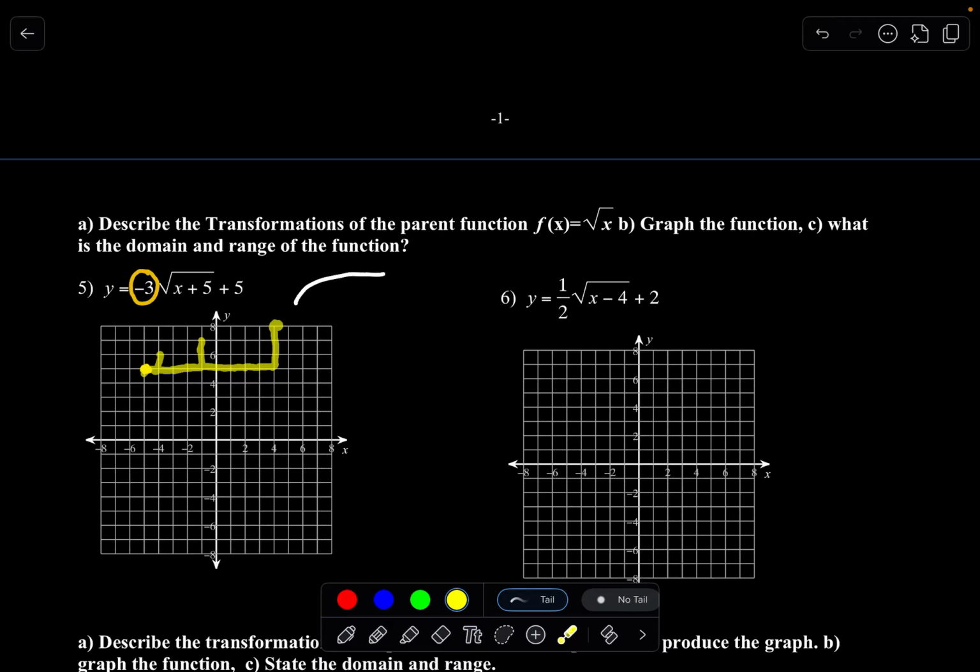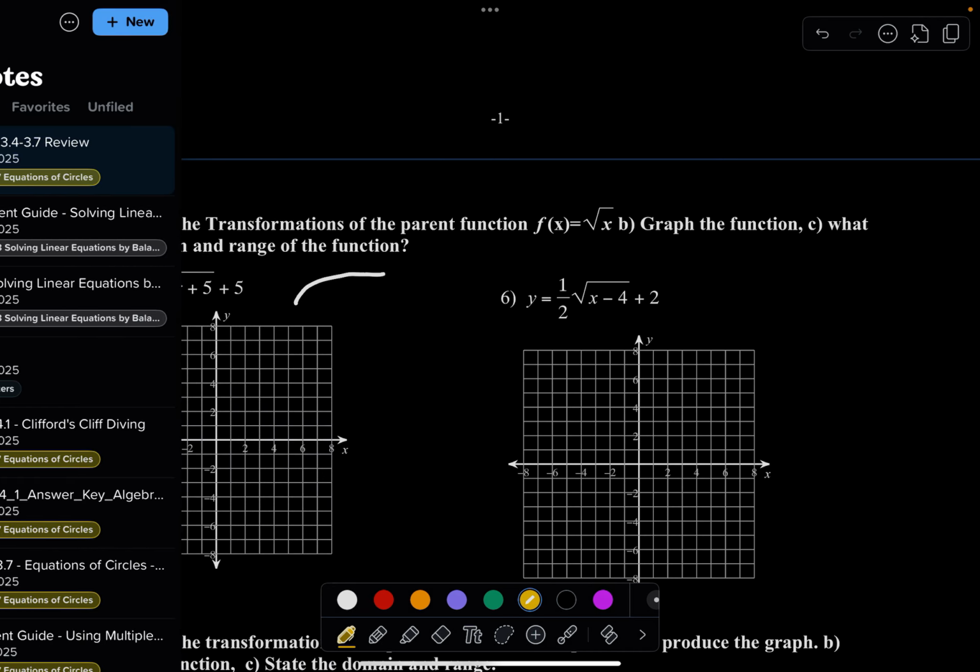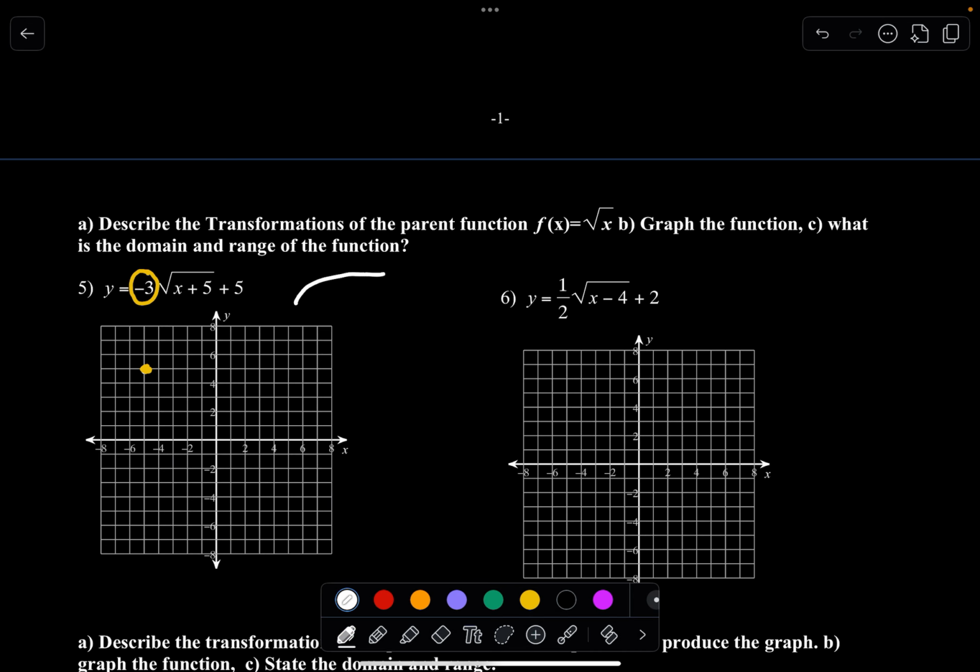So you can kind of see the tips, right? You would connect the tips. So it would be like that. But here's the deal. It's a negative 3. So instead of going over to the right 1 and up 3, we're going to go to the right 1, square root of 1 is 1, and we will go down 1 times 3.